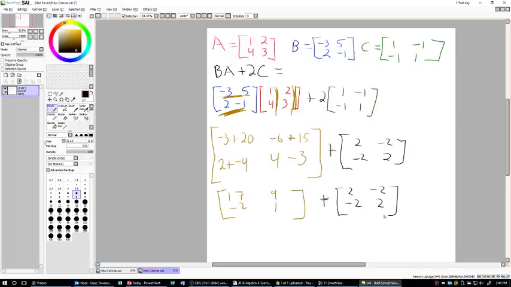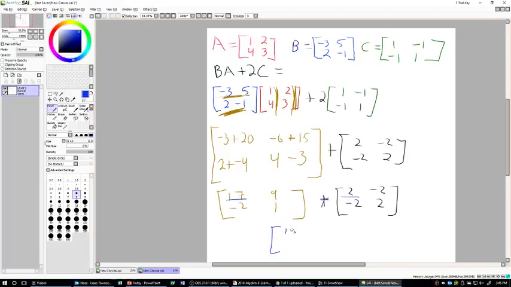Even though multiplying is not very straightforward, adding and subtracting generally is. These are in corresponding spots, and I would like to add those together.